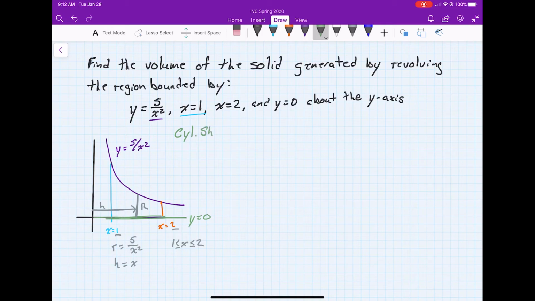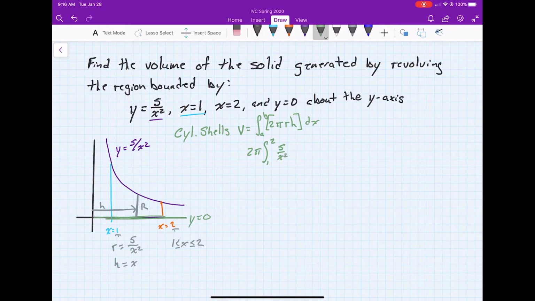And our formula for cylindrical shells is the volume, V, is equal to the integral from a to b of 2 pi r h, and then this is going to be dx in our case because we are working with x. So I can pull that 2 pi out because that's just a constant. And I'm doing an integral from 1 to 2 as we got from here and here.